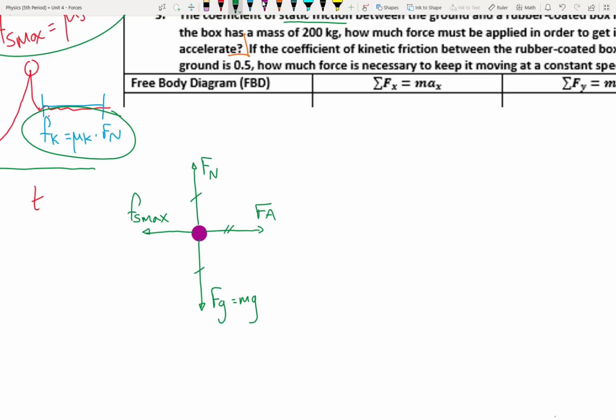And then my applied force is going to have to be equal to or greater than this maximum amount of static friction. So if I look at the x direction over here, I see that my applied force is in the positive direction, and minus Fs maximum is going to be equal to mass times acceleration in the x direction. At the moment, this thing has no acceleration because it's not moving at all.